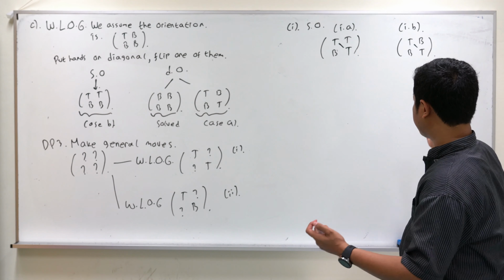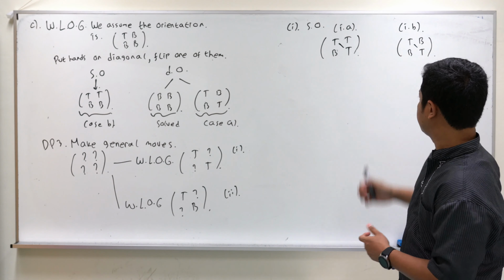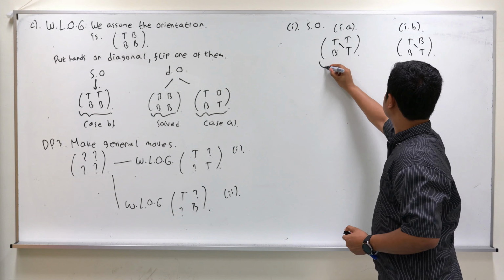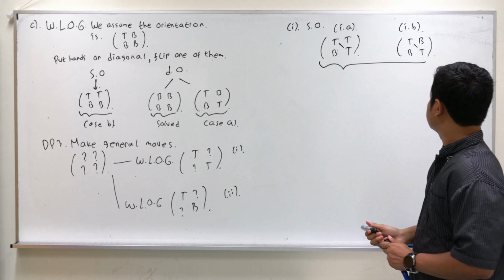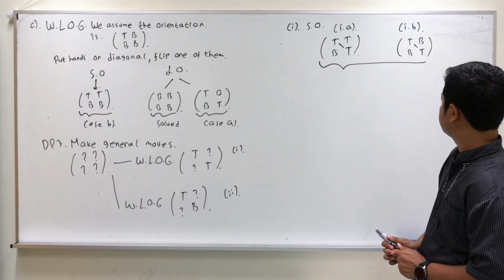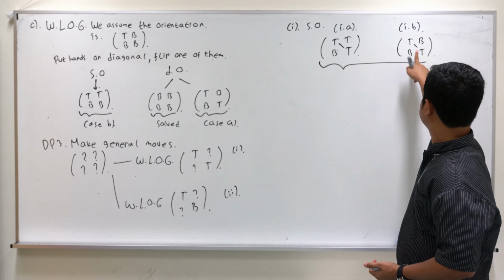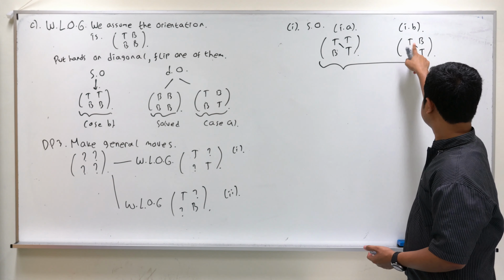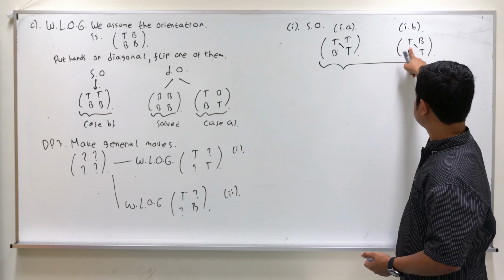So we have to make a general move for both cases. So what do we have to do? What happened here? Check diagonal again. Flip both.